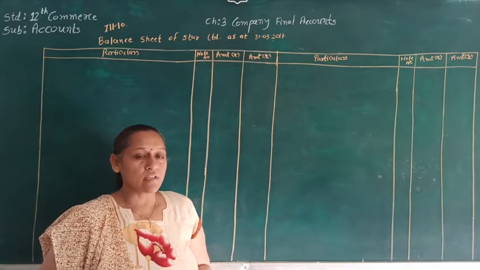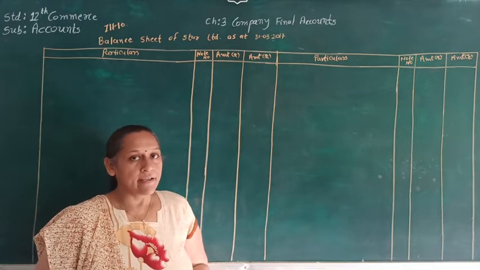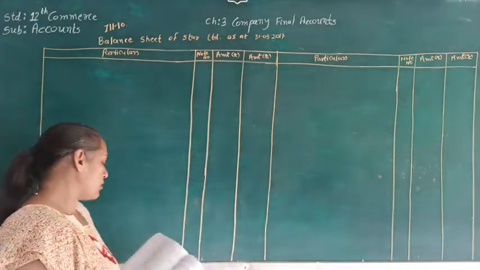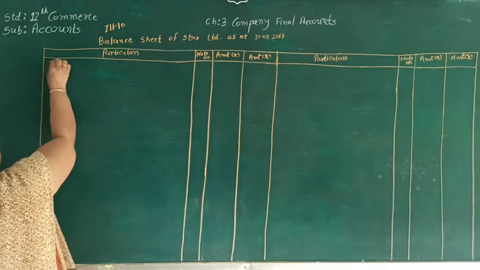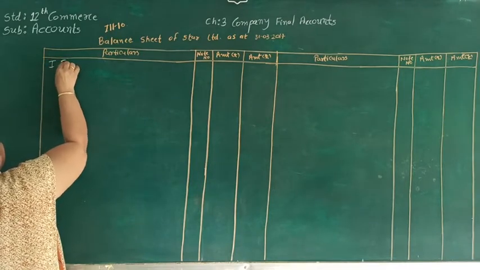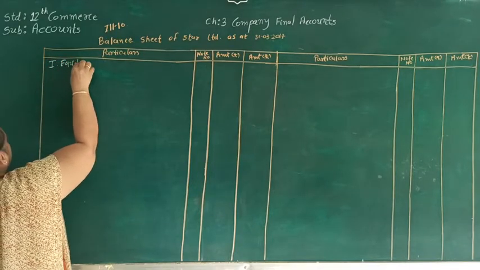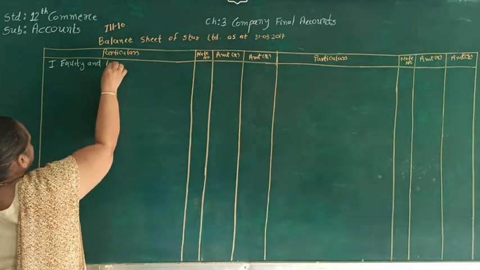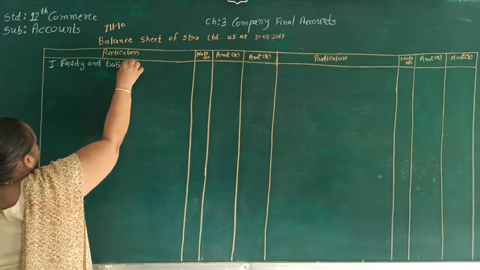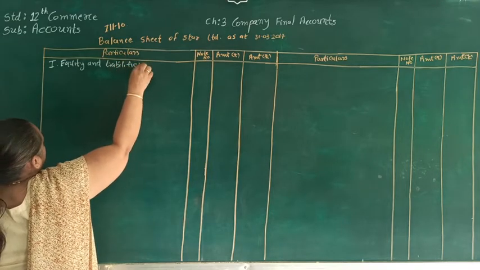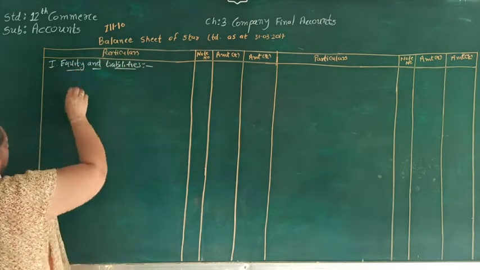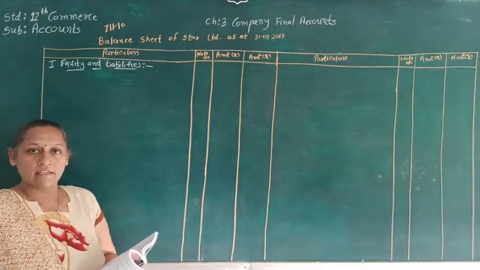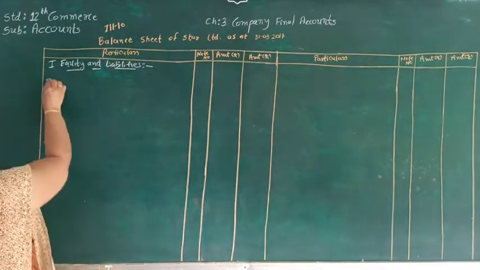So very first we have to write all the headings of the balance sheet. So let's write this. First heading is equity and liability. And in that, very first heading is shareholders fund.